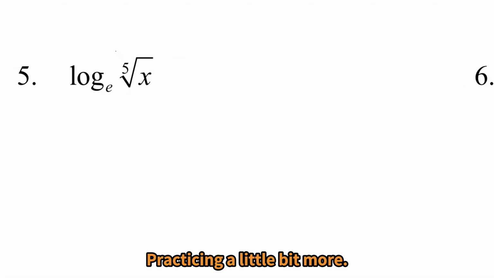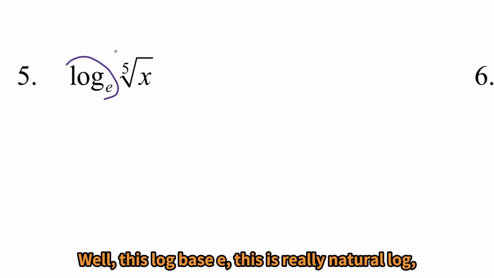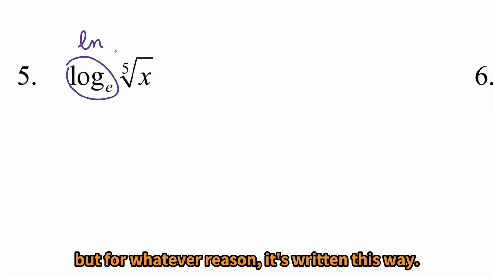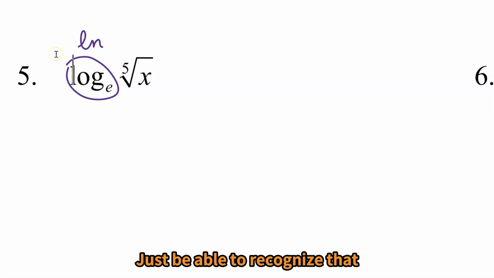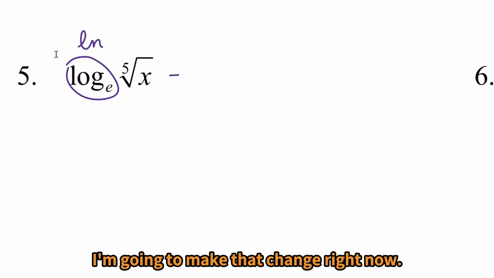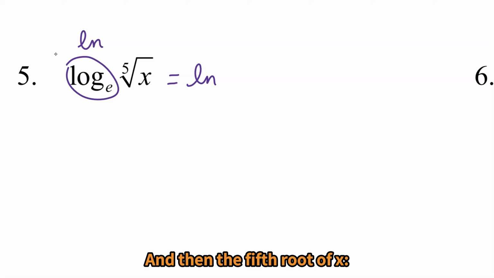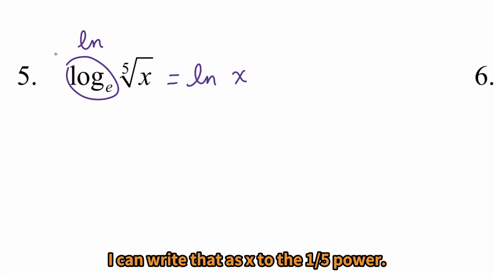Practicing a little bit more. Here I have log base e of the 5th root of x. Well, this log base e, this is really natural log. But for whatever reason, it's written this way. Just be able to recognize that natural log is really log base e. I'm going to make that change right now. We're going to call this natural log. And then the 5th root of x, I can write that as x to the 1/5 power.